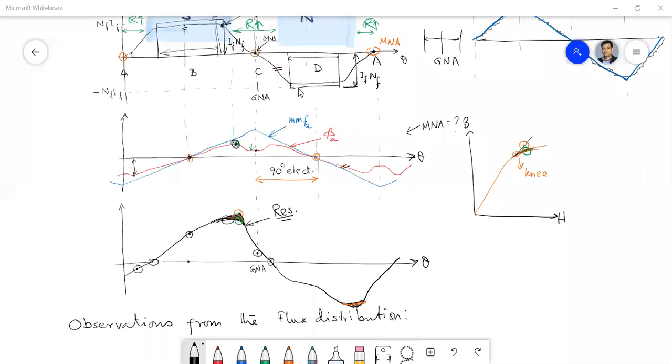In no load condition or in a loaded condition of the armature? In loaded condition. Okay, now you tell me, in the no load condition, what type of flux distribution curve in the air gap should we get?